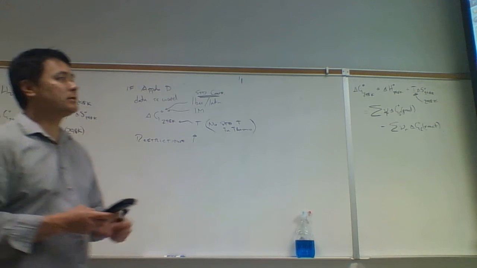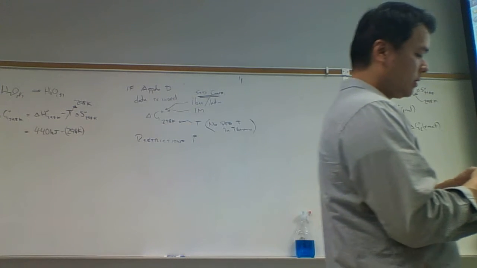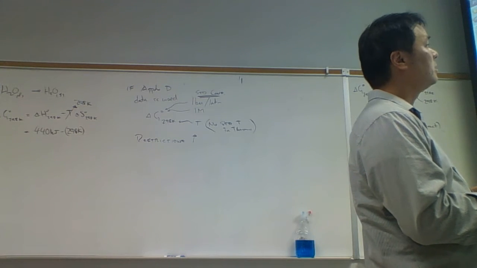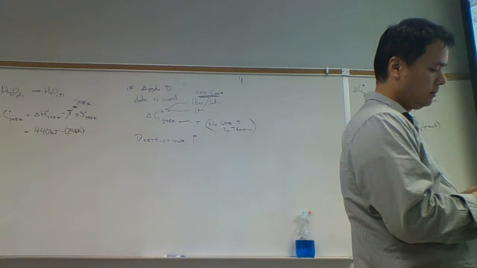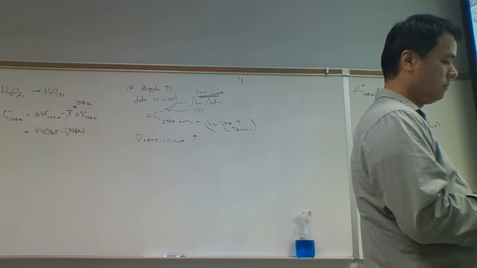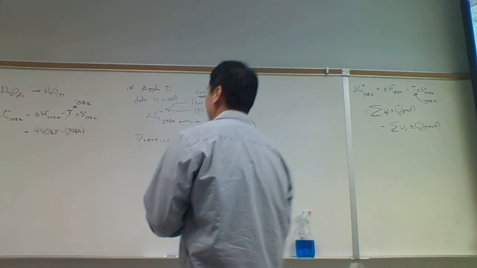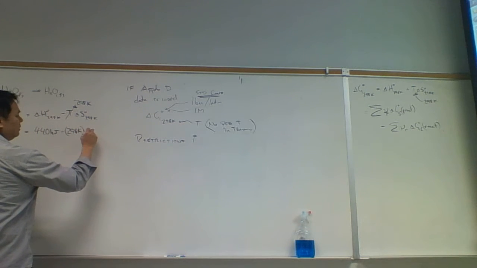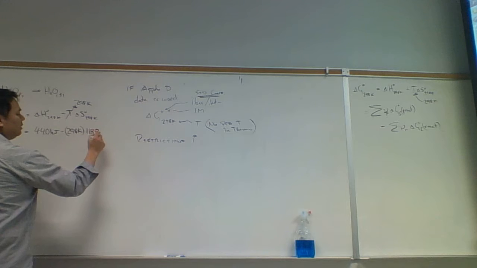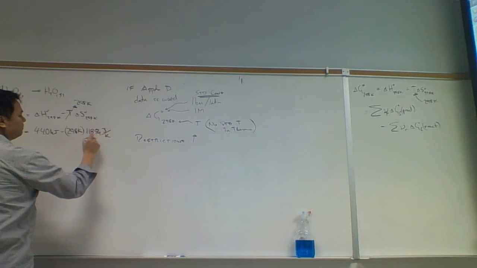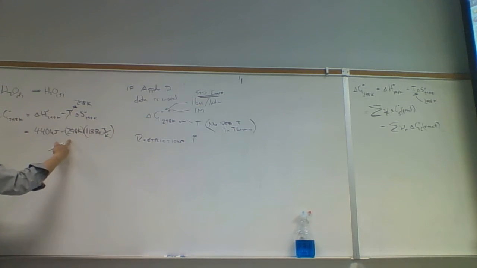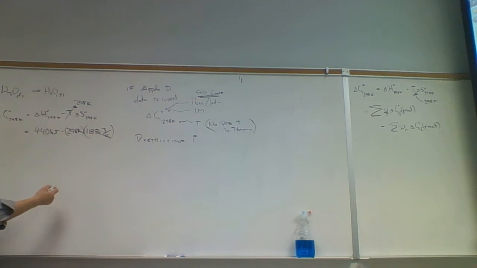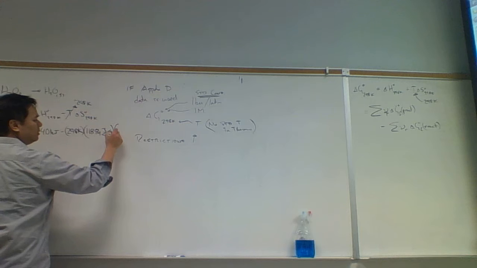So I'm just taking 188.8, that's the entropy of the products, minus the entropy of the reactants, 69.91, 118.89. The units are going to be joules per Kelvin. So the units don't match here. The Kelvin cancels, but we got kilojoules minus joules. And so we're going to have to convert it.